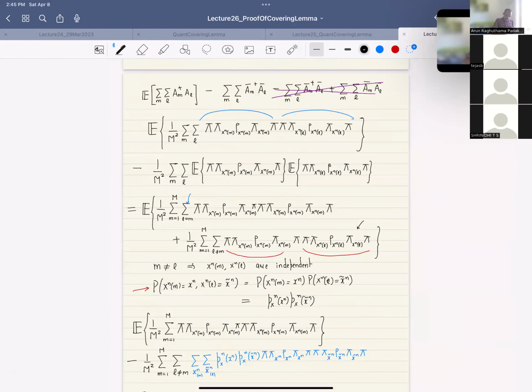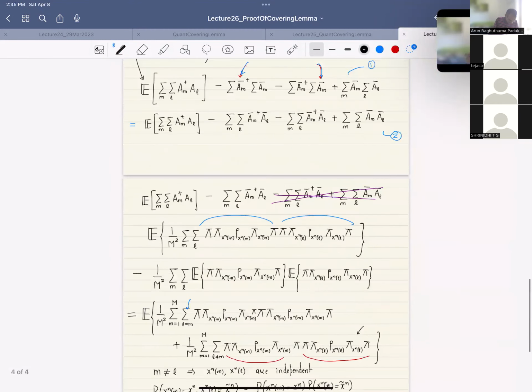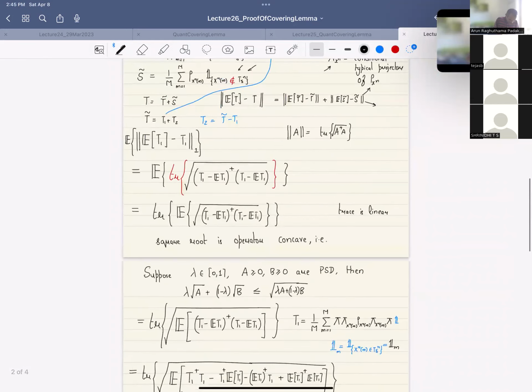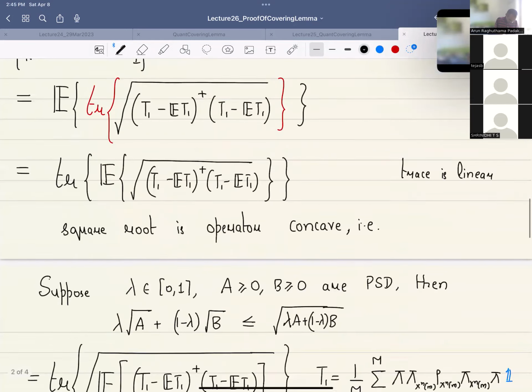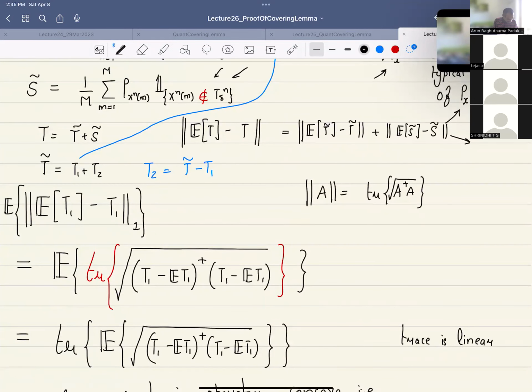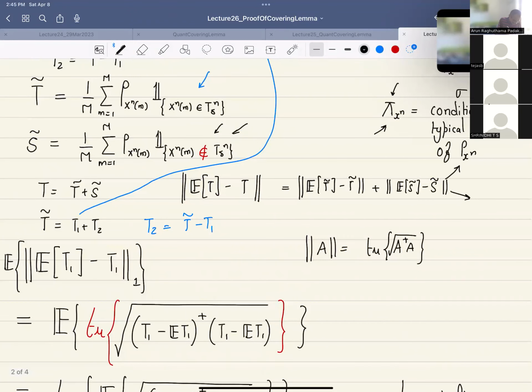So maybe before I proceed, I'll go back and recollect what we've done, so that you see what's going on, just at a big level. You started with this. You're looking only at T1. You will somehow show that T1 is the critical term. You first split T into T tilde and S tilde. S tilde doesn't have the indicator function; T tilde has the indicator function.